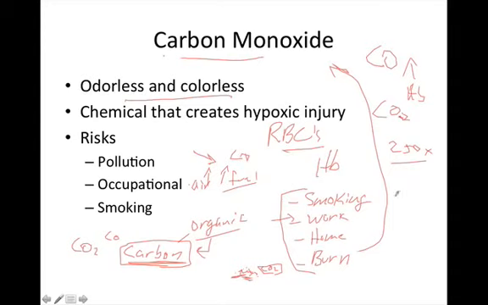Because it binds with hemoglobin so tightly, it's a lot harder to release, and we're going to slowly cause an inability to circulate and deliver oxygen to our tissues. This is a systemic problem that will cause your body to essentially shut down.